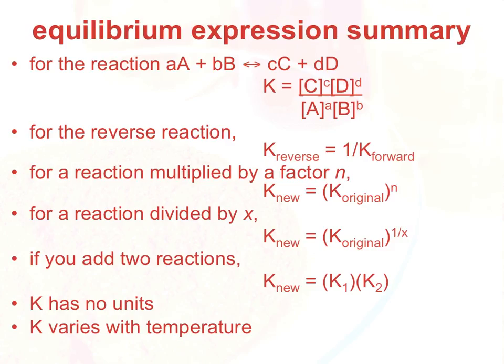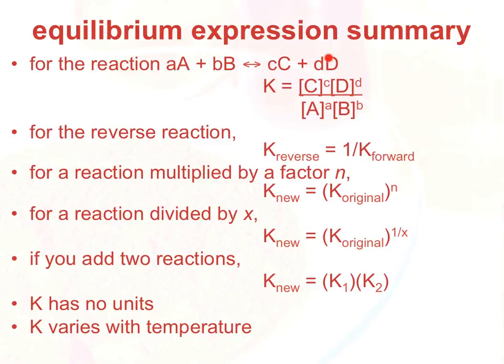Okay, so just as a nice little summary, we write our equilibrium expressions with respect to balanced chemical equations. Our K value is going to be equal to the concentrations of our products to some power that corresponds to the coefficients in the balanced equation, divided by the concentration of our reactants to some power that corresponds to the stoichiometry, or the coefficient seen in the reactants of the balanced equation.